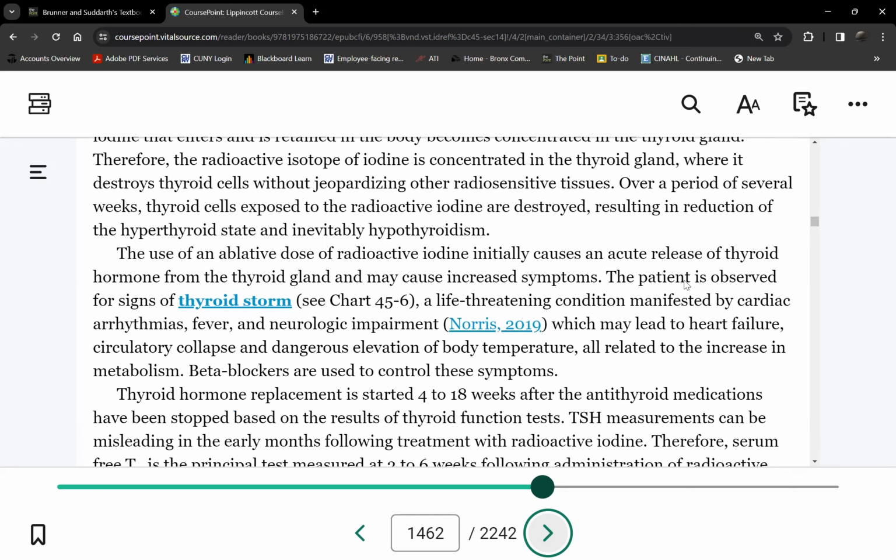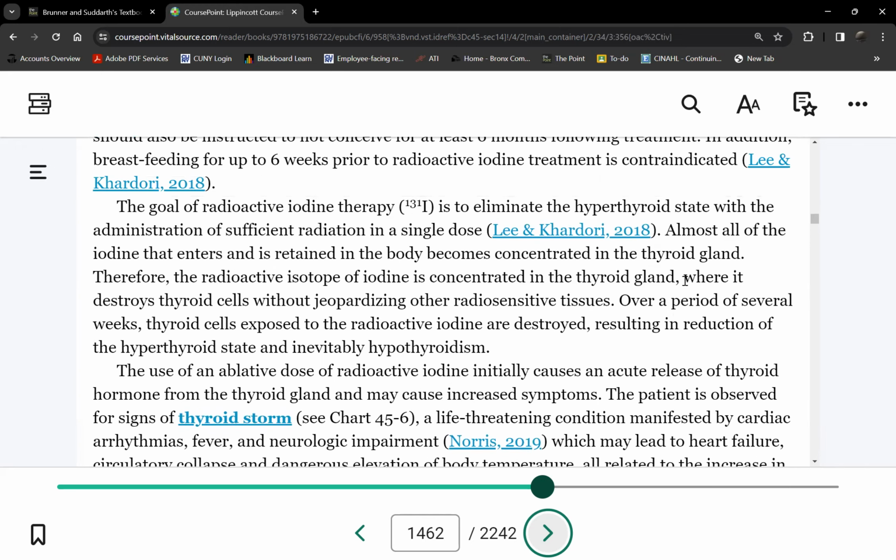So what's the effect of this therapy? What will the end result be? Destruction of the thyroid gland, and what will you develop? Hypothyroidism. So the patient must understand, yes, we have to destroy this, however, at the end, you're going to have hypothyroidism. And how do we treat that again? Lifelong levothyroxine therapy. Yes.